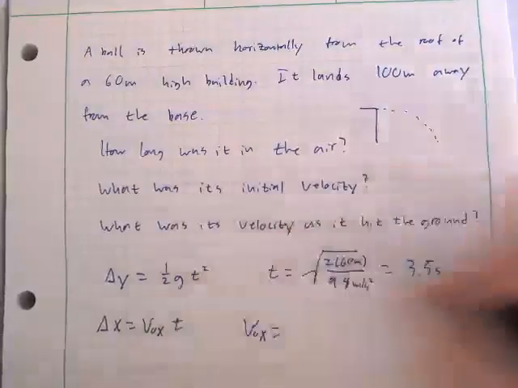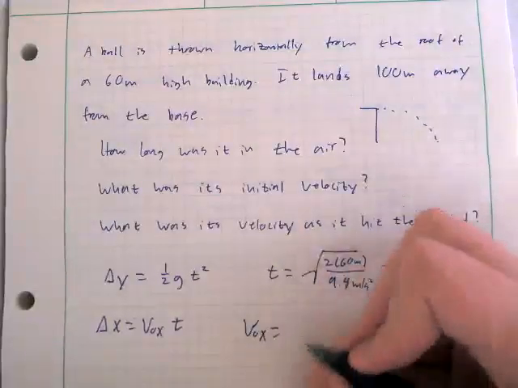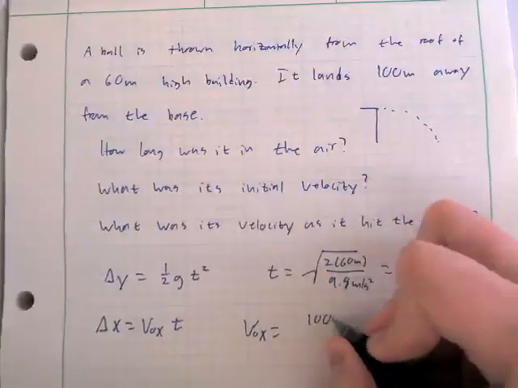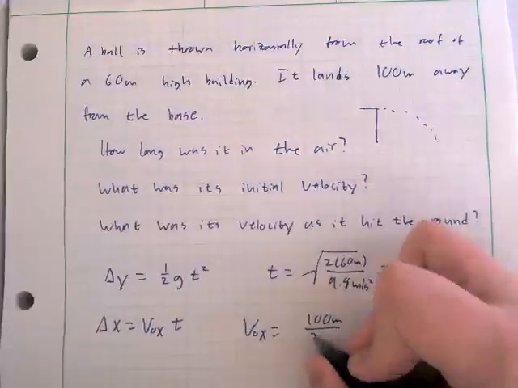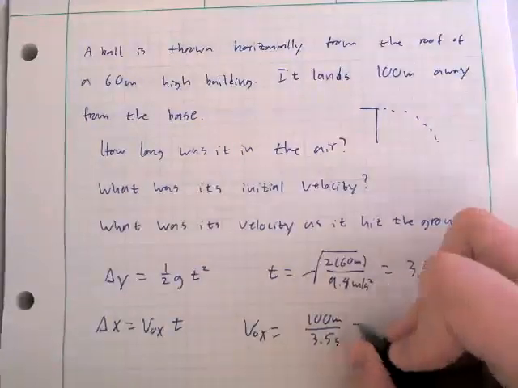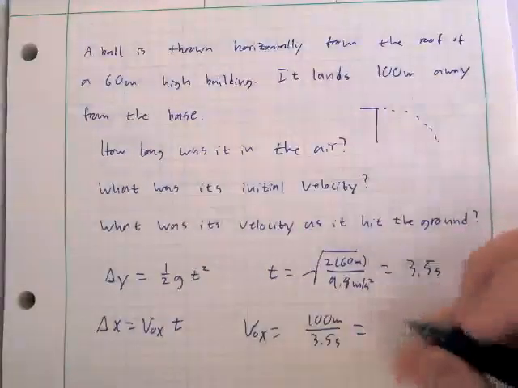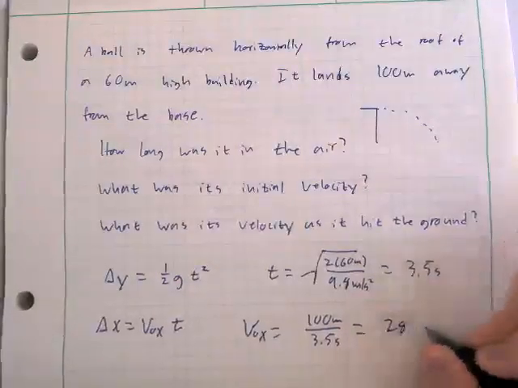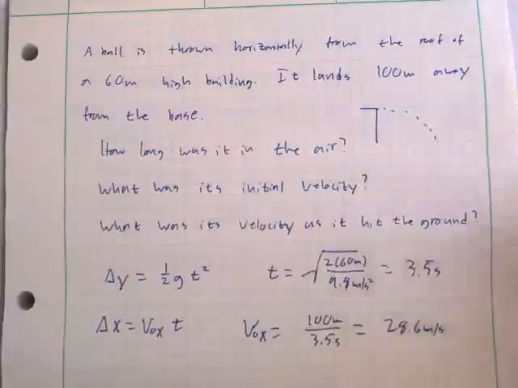We know the time now from part 1. So we have v naught x is going to be equal to 100 meters divided by 3.5 seconds. And you get an initial component of your x velocity as 28.6 meters per second.